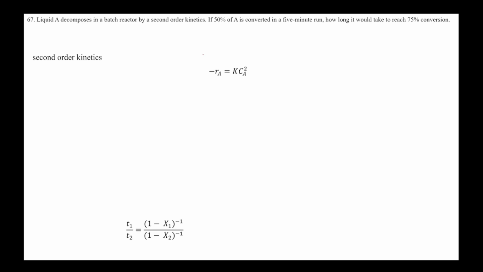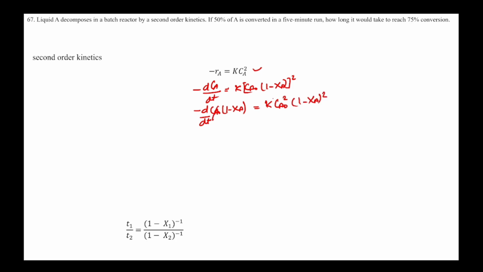We have second order kinetics, so what is Ra? dCA by dt is equal to K times CA squared. What is CA? CA naught (1 minus XA), whole square. So K CA naught square (1 minus XA) square.